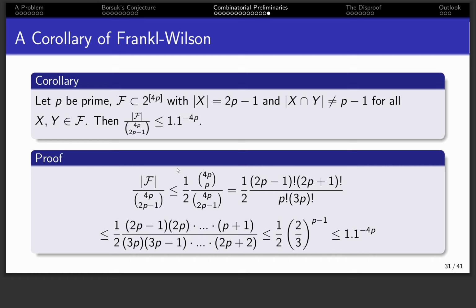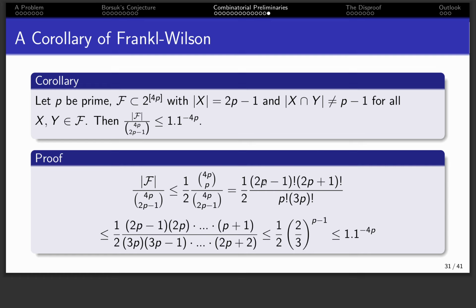Okay, now if we divide by 4p choose 2p minus 1, then we have 1/2 times 4p choose p divided by 4p choose 2p minus 1. Then if we put everything in, some terms cancel, and then we have just these factorials. And then if we think about these factorials, for example, the 3p factorial, we can cut that off at the point 2p plus 1 factorial, since all of the terms cancel there.